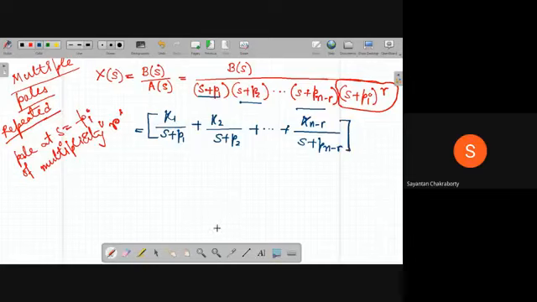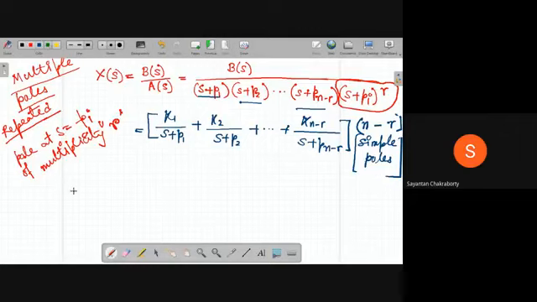So up to this far it's okay, because this constitutes n minus r simple poles, n minus r number of simple poles.